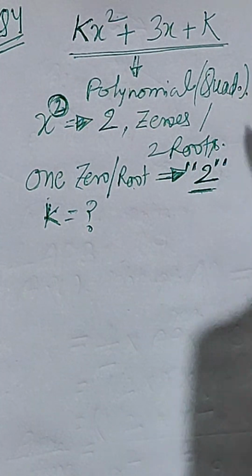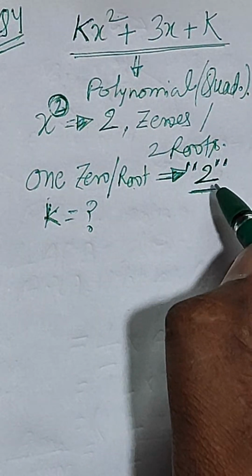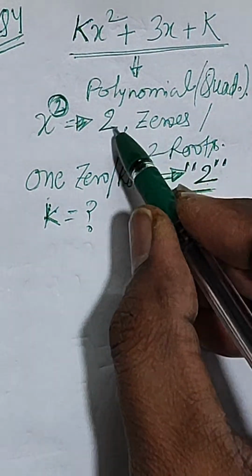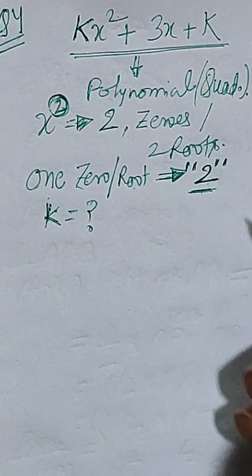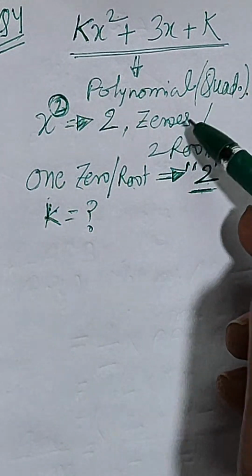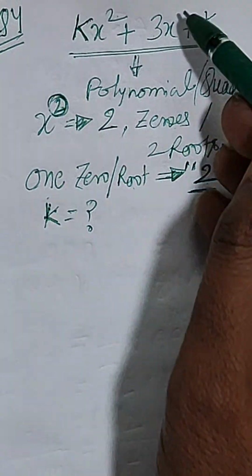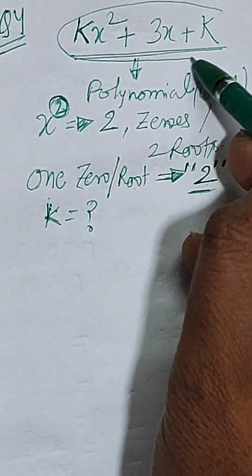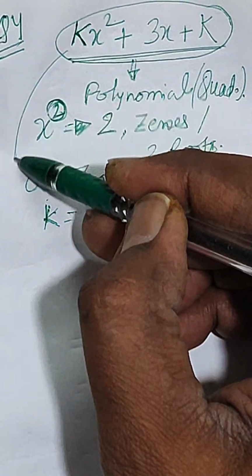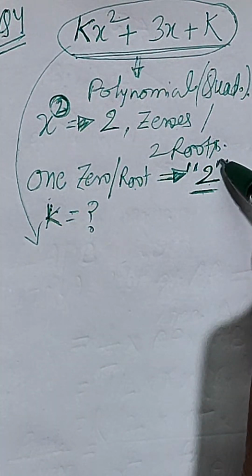So my dear friends, whenever you have some roots or zeros of any quadratic polynomial, when you put it into it, it will become 0, right? So when you put the value of any of the roots, here we have 2.